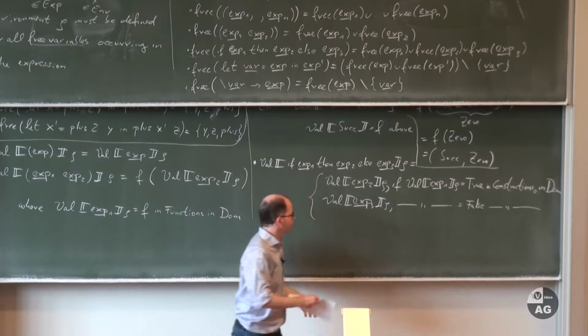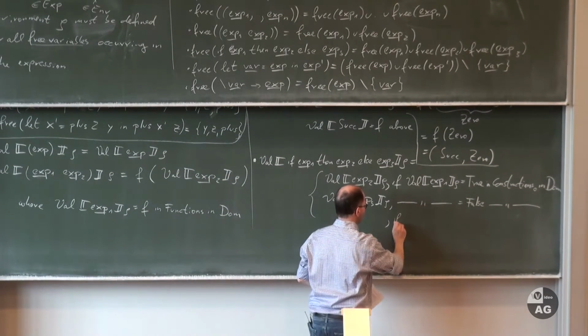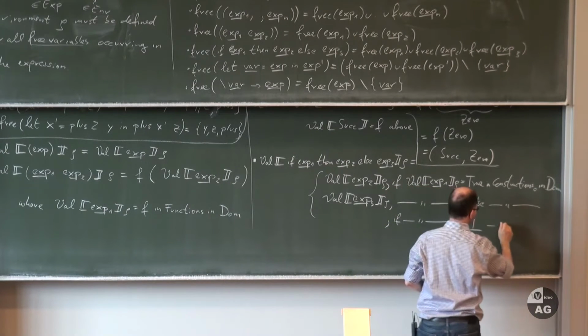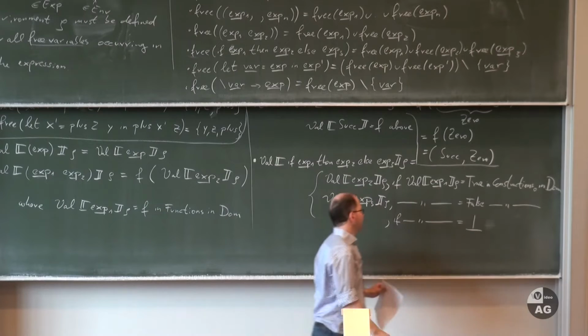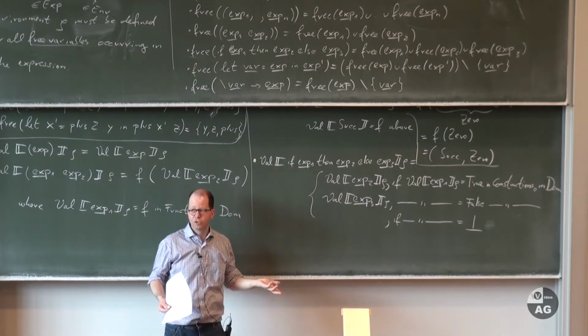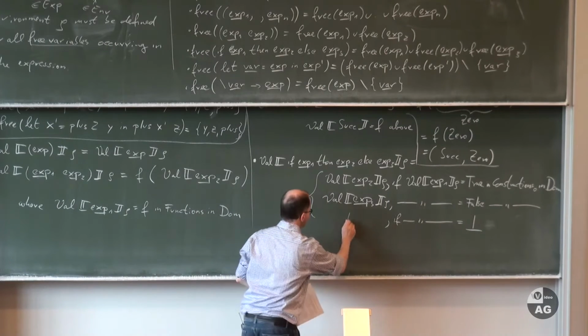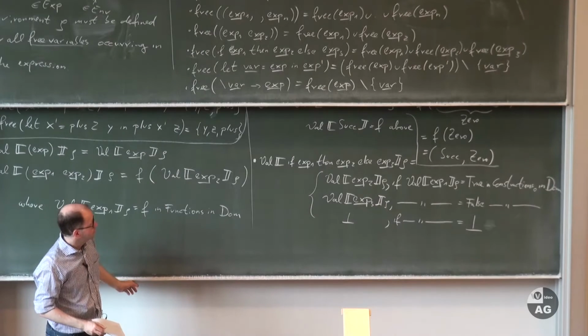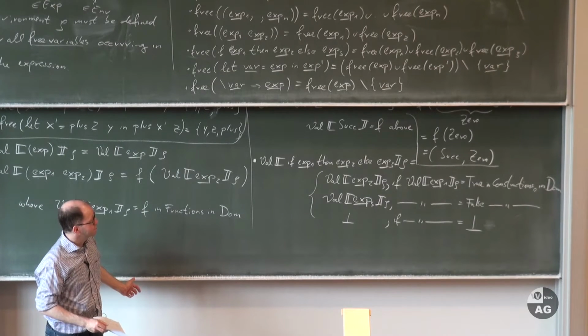So this case has to be considered as well. If the value of this is bottom, then what should be the value of this if then else expression? Well, it should also be bottom. So these are the three possibilities.